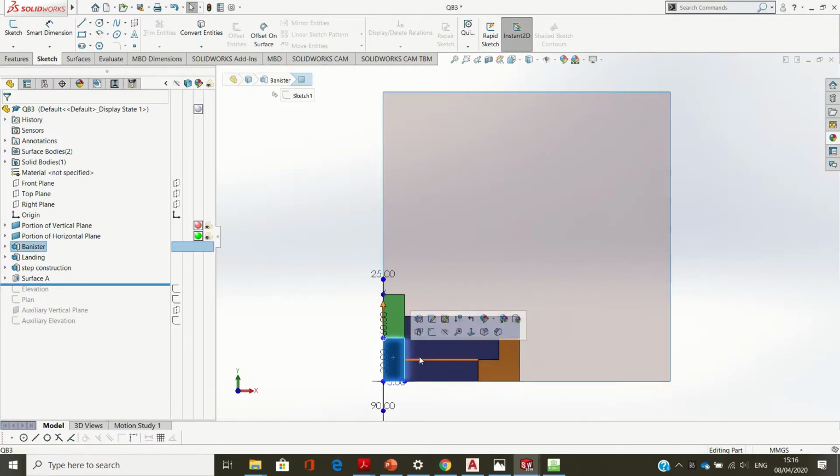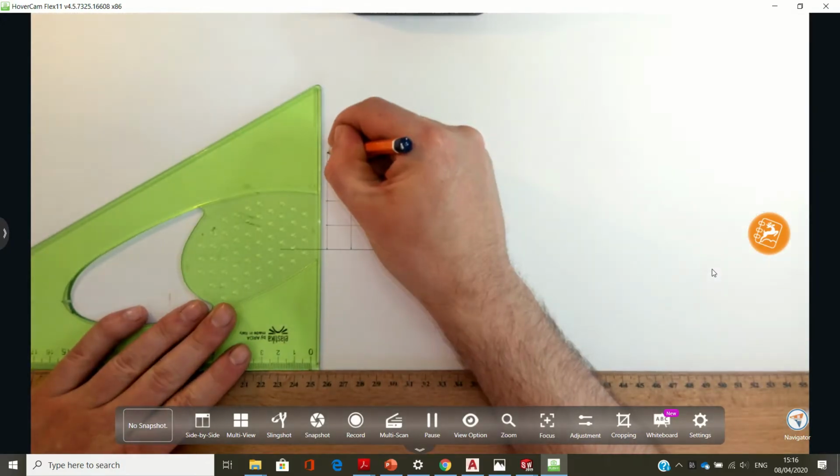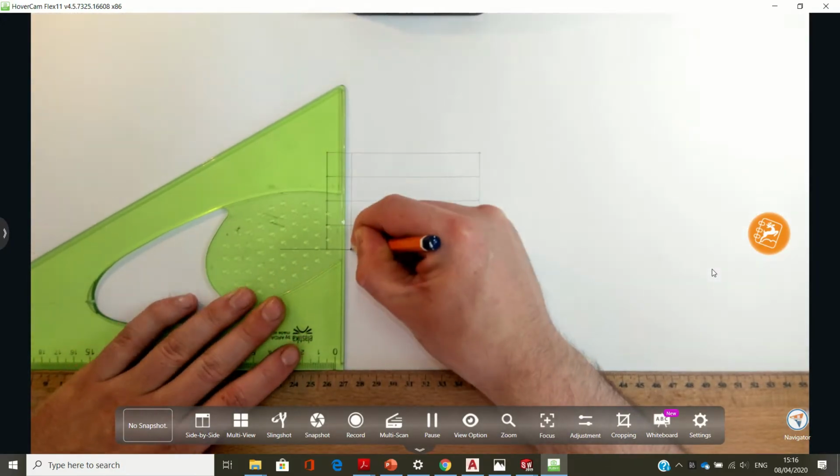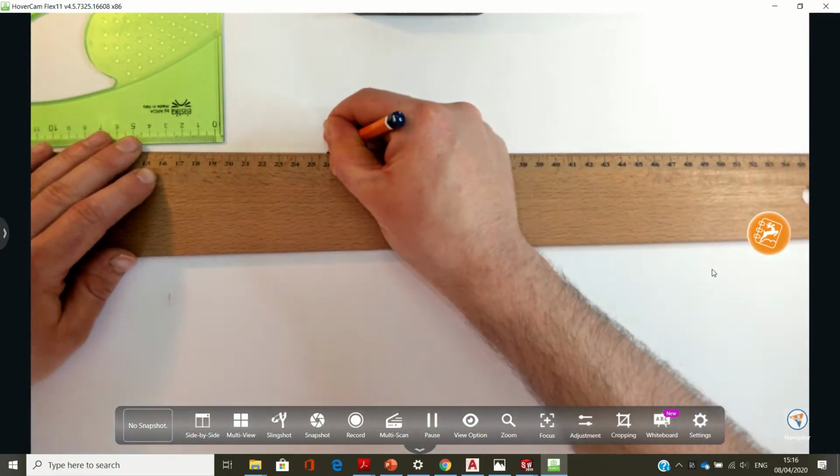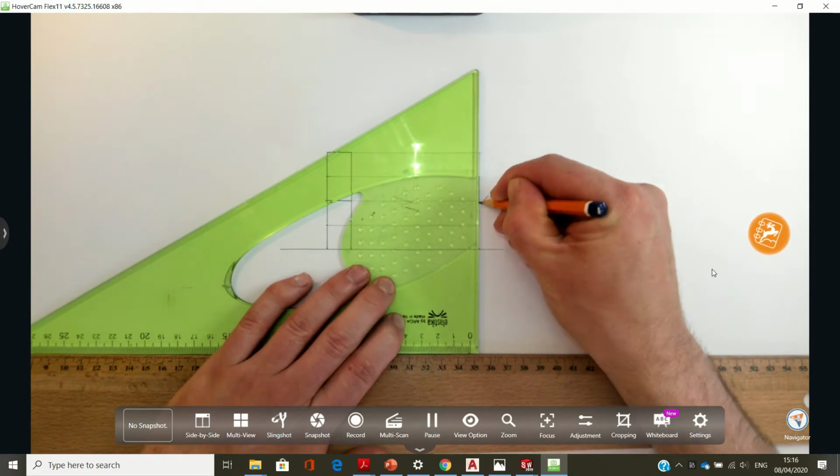So the banister, 2 steps up, that's 30, and then the total height, the green there, and we're going to have heavy lines here on the right and left. Then on the right for the landing.